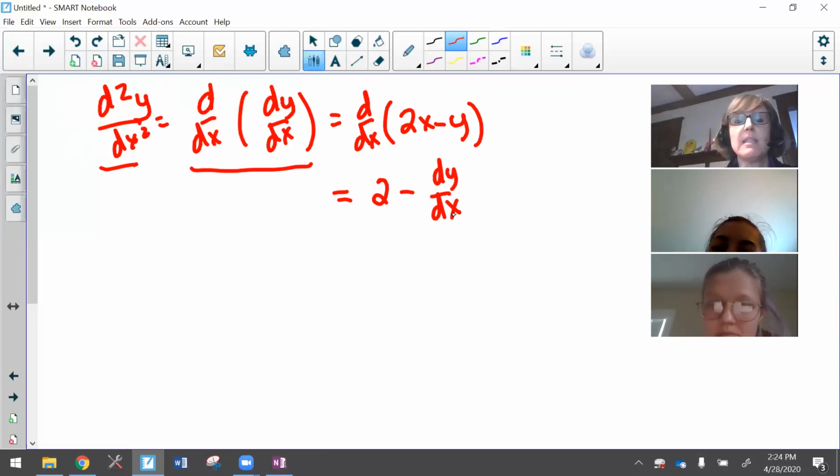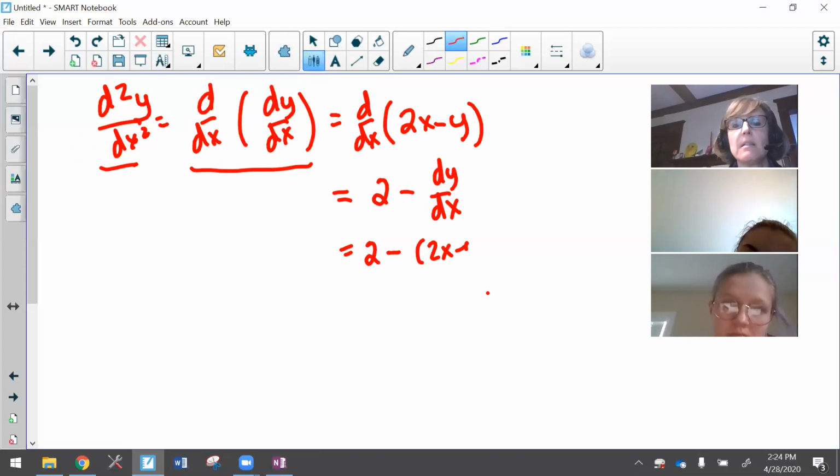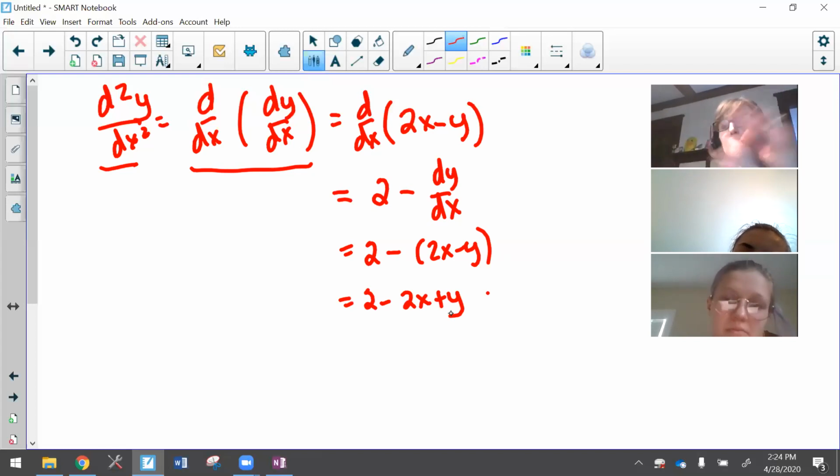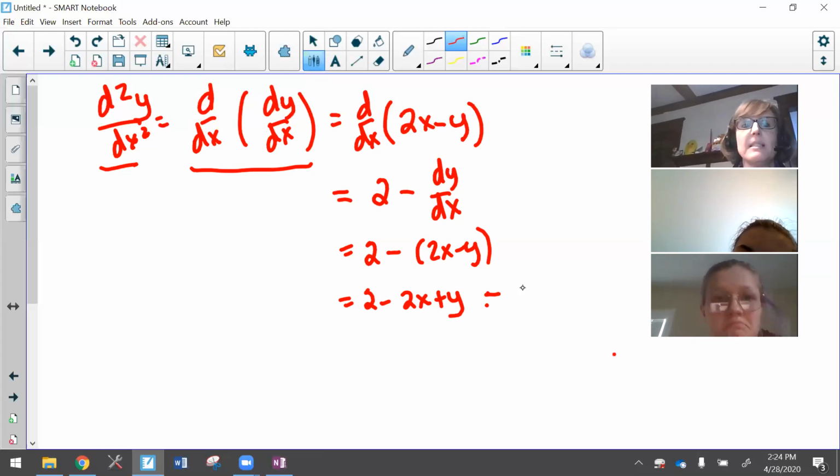It was the thing I was given. So it's really 2 minus (2x minus y), or 2 minus 2x plus y. And that's going to be my second derivative.